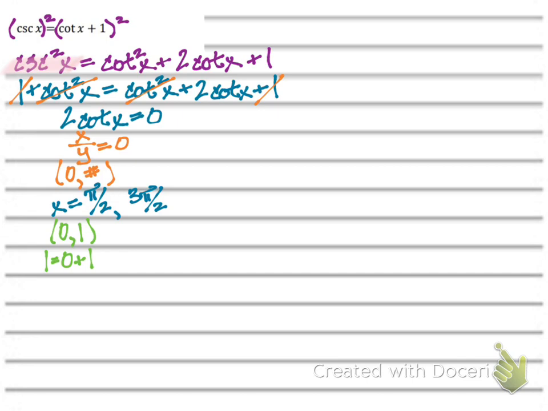So that checks. Looking at 3 pi over 2, I'm going to have 0, negative 1 is my ordered pair. So cosecant is going to be negative 1 equals cotangent is 0 plus 1, and that is not true. So we only have one answer here, and it's the pi over 2.